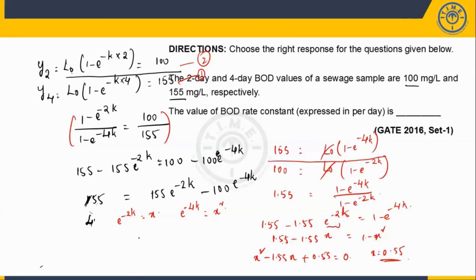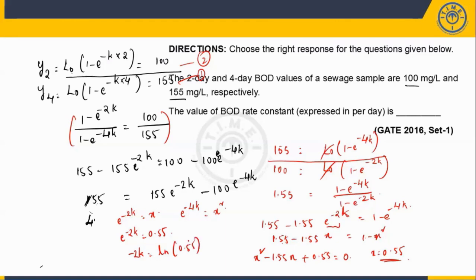So e power minus 2k is equal to 0.55, so minus 2k equals ln 0.55.